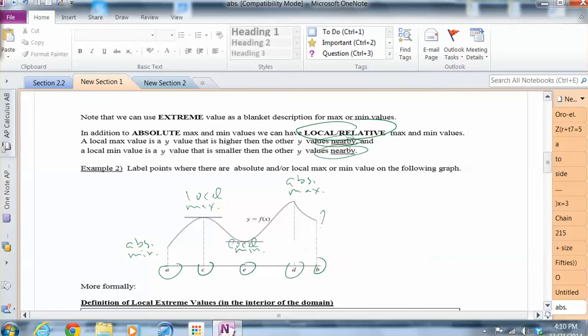And then here, this would be a local min. So you see how for a time being, that seems like the highest point. For a time being, that seems like the lowest point, and that being the highest point, that being the lowest point.